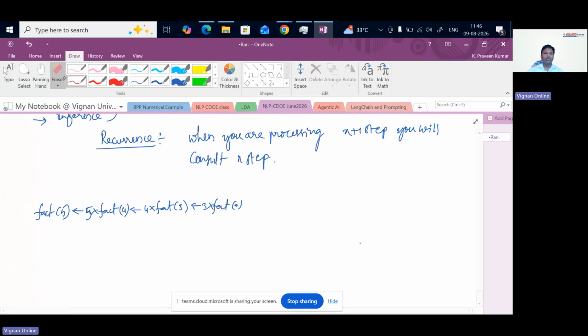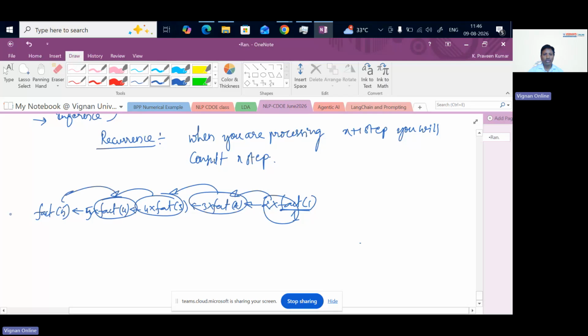So fact of 2, then to get this one, 2 into fact of 1, and the result is 1 here. So this result will go here, and this result will go here, this result will go here, and you are getting the full answer, right?